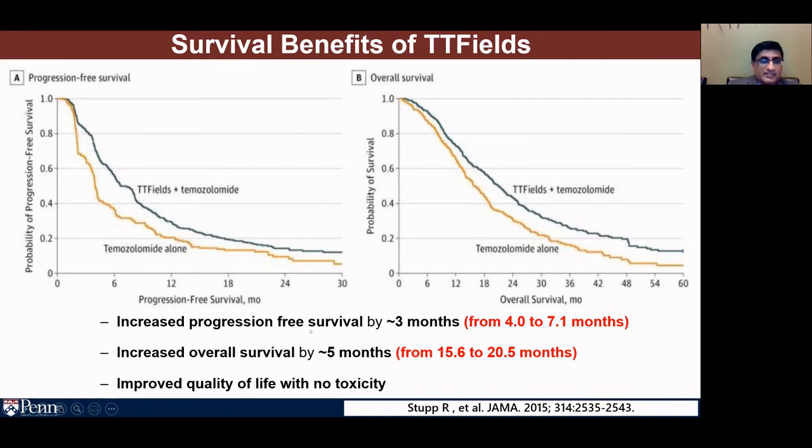As you can see here, in those particular trials, progression-free survival was prolonged by 3 months and overall survival was prolonged by 5 months. And as I mentioned earlier, no toxicity was observed in those patients. Only 40 to 50% of those patients experienced mild to moderate skin irritation, which can easily be treated by applying steroids or ointments.